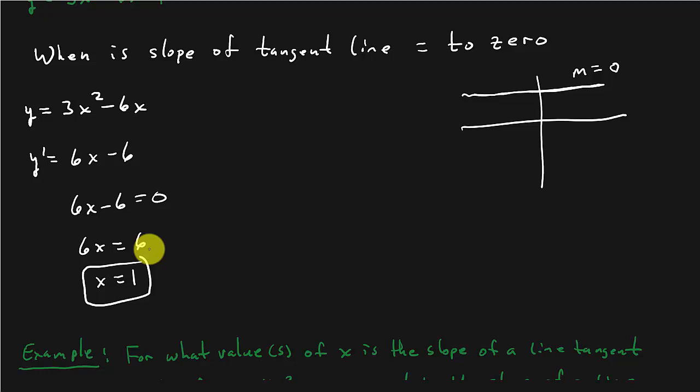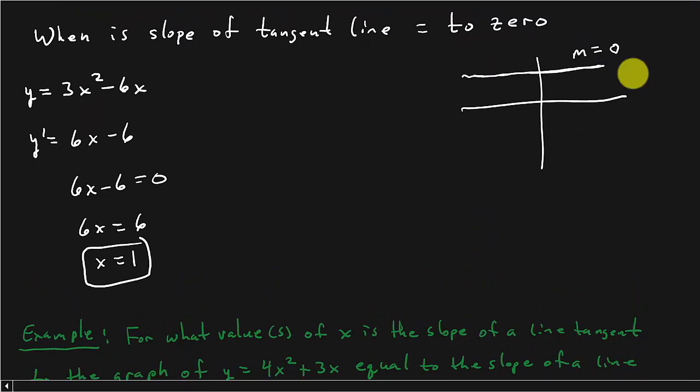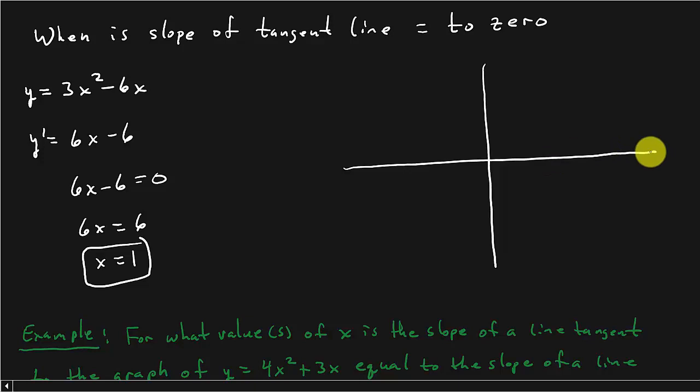Okay, let's look at the graph here. What does this graph look like? I'm just going to do it real quick. Here's your function. How do you graph a parabola? You get the vertex. Remember, the vertex x coordinate is minus b over 2a.